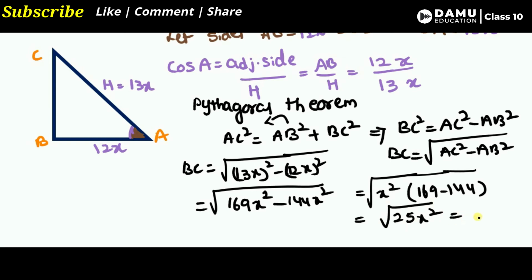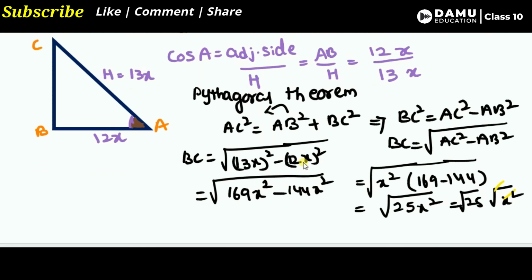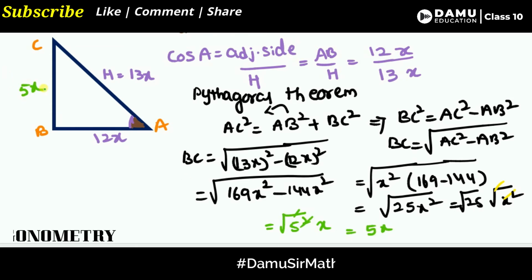So the square root of 25x square: the square root and square will cancel. Then 25 you can write as 5 square, and the square root will cancel. Then what is this? 5x. So this is 5x.